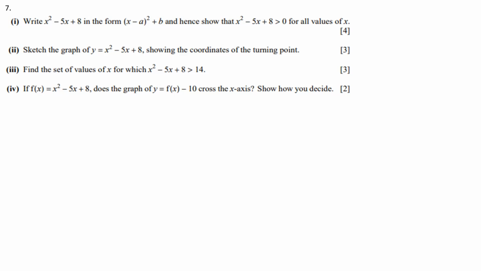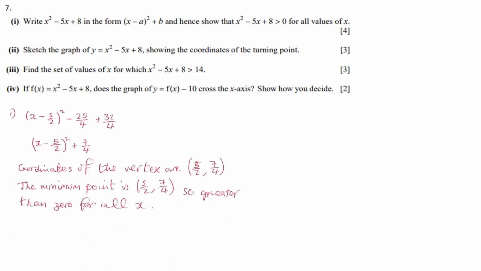Number 7, write that in that form, hence show that it's greater than 0 for all values of x. So whenever you see that, that's going to be completing the square.